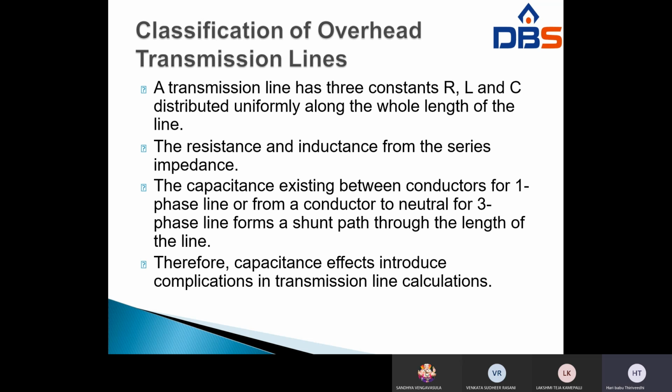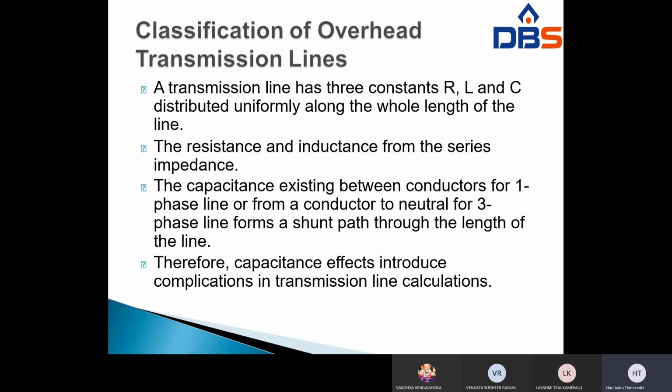Generally, a transmission line has three constants, that is R, L and C, distributed uniformly along the length of the line. The resistance and inductance form the series impedance, right? The capacitance existing between the conductors of a single phase line or from a conductor to neutral for three phase lines forms a shunt path.